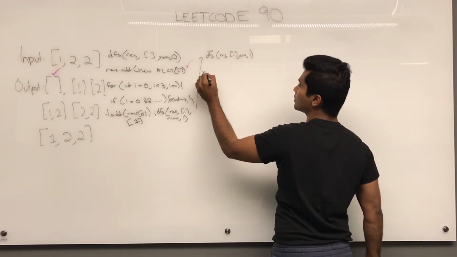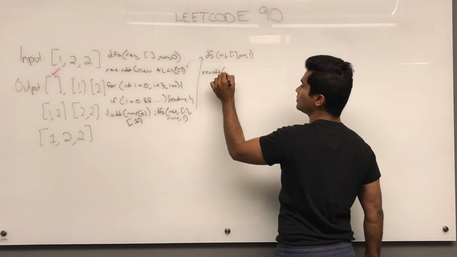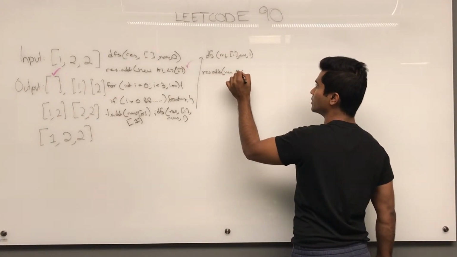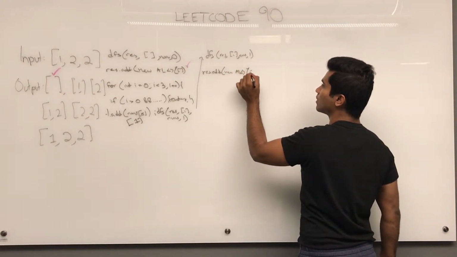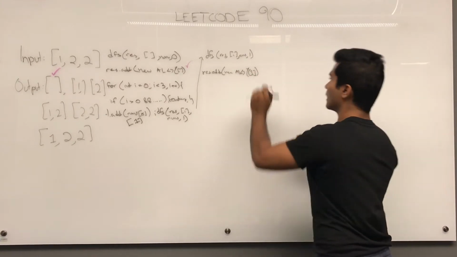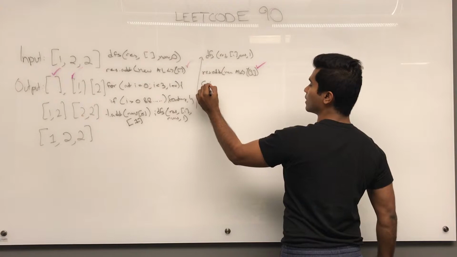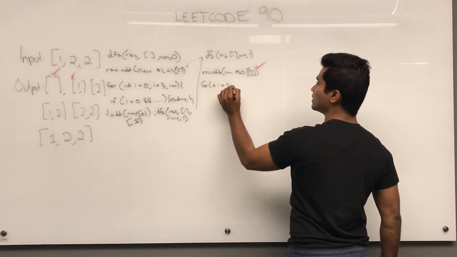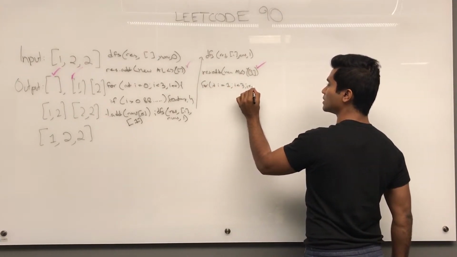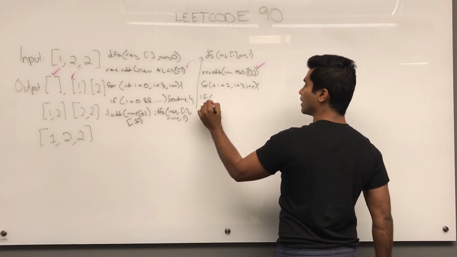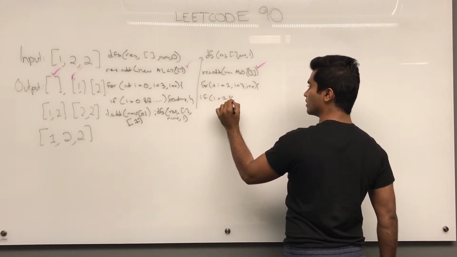So the first thing we do is we add the new array list to our data structure, and that's how we get our second answer from that. Then for int i is equal to 1, i is less than 3, i plus plus. If i is greater than 1 and blah blah blah, we continue.